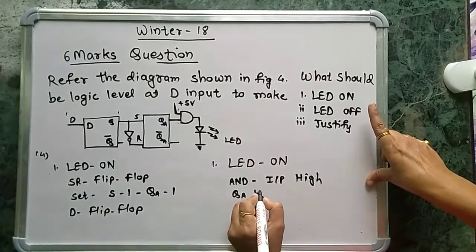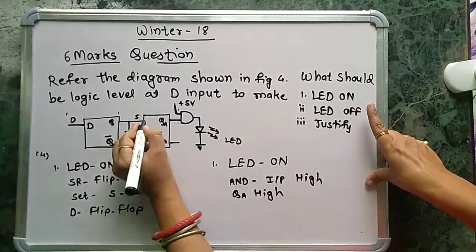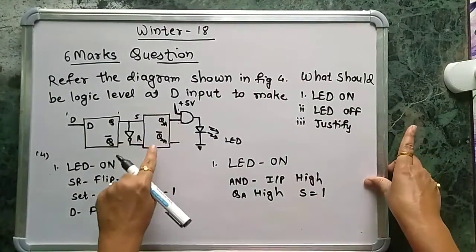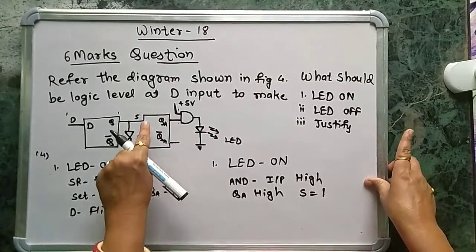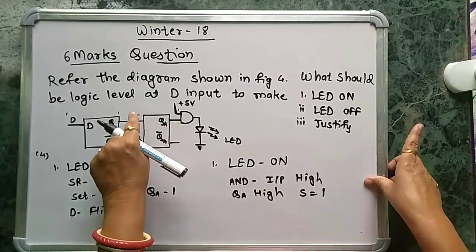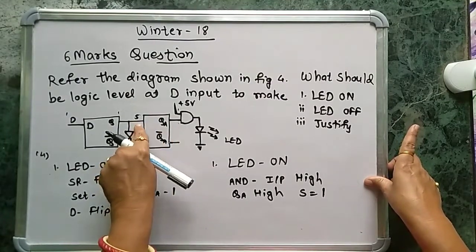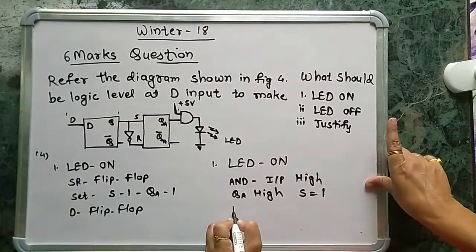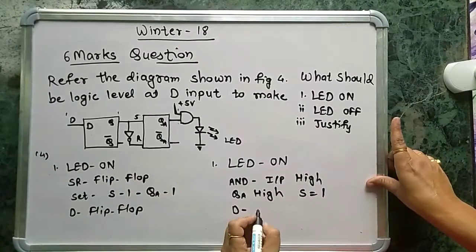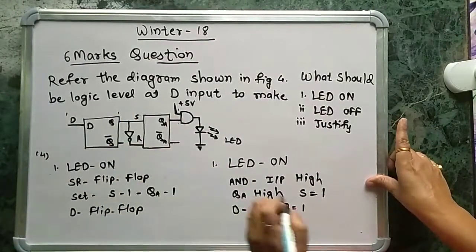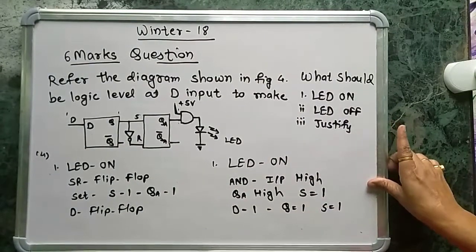QA will be high when S is 1, which is the set condition. The flip-flop will be set. So if S is 1, QA will be 1. And for S to be 1, the D flip-flop input D, if it is 1, then its output Q is 1, and then S is equal to 1.